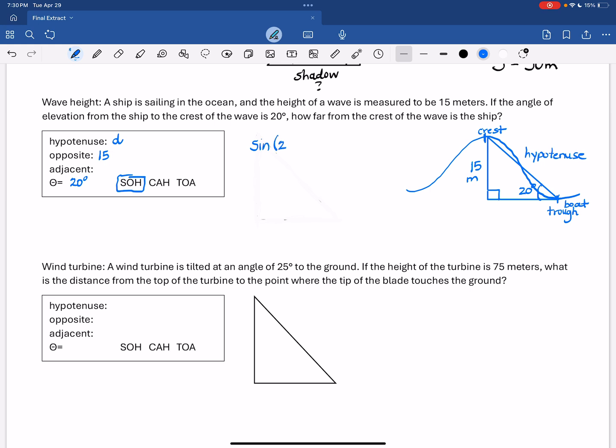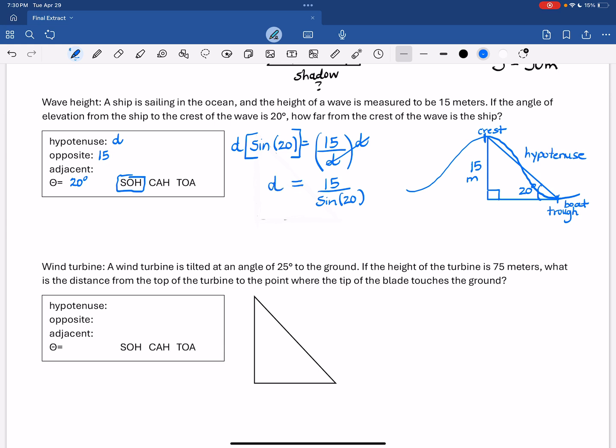The sine of 20 is equal to opposite over hypotenuse. So 15 divided by the sine of 20 will give us that hypotenuse distance.